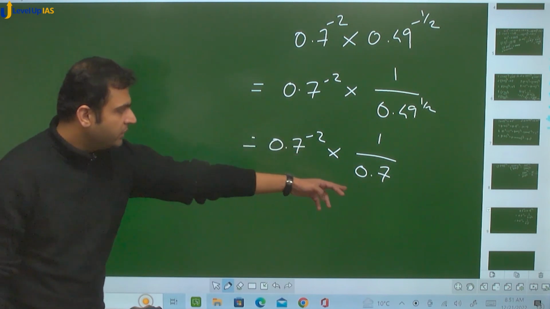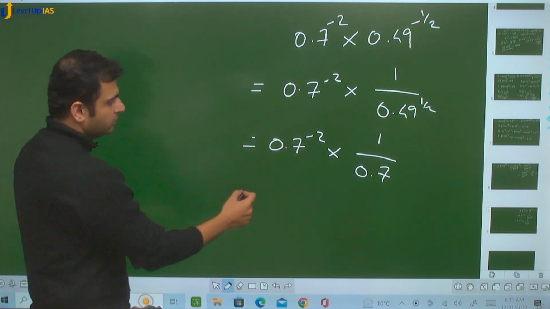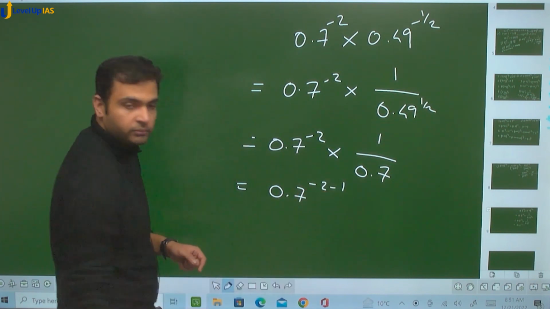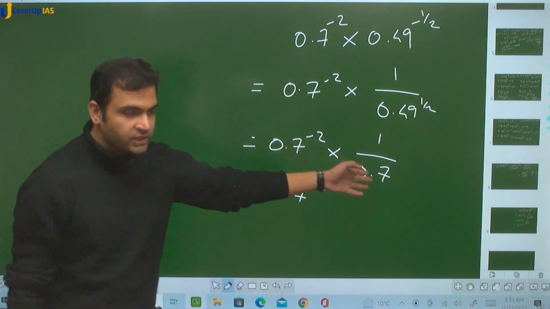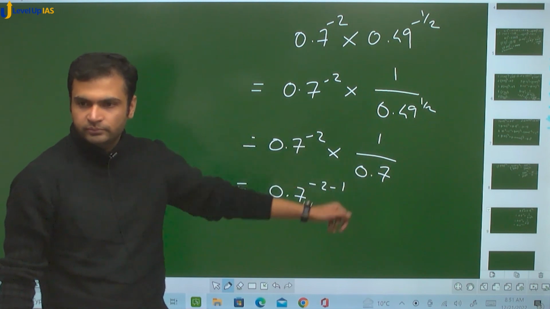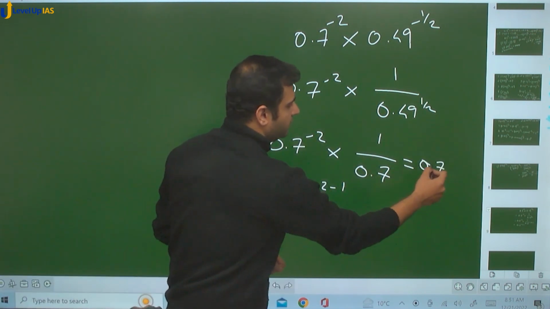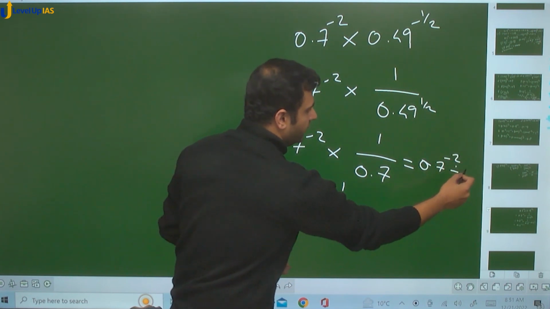Now this is directly, base is same. 0.7 raised to minus 2 minus 1. This is division, na? Reverse of multiplication. I can write this as 0.7 to the power minus 2 divided by 0.7.